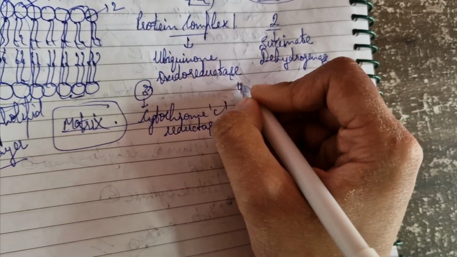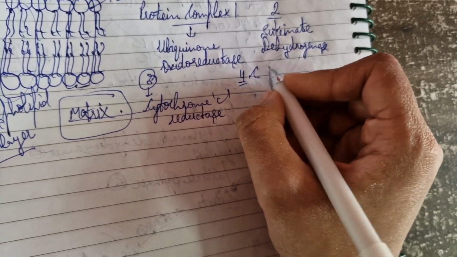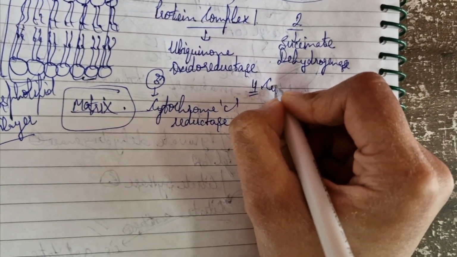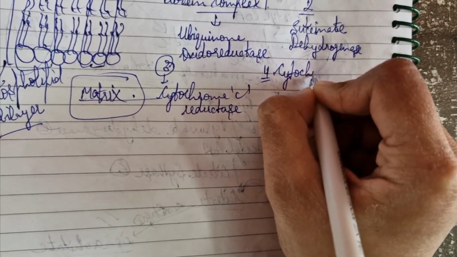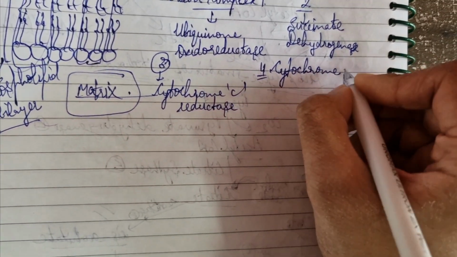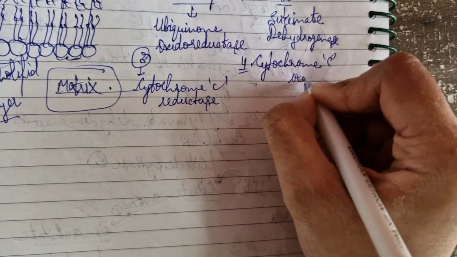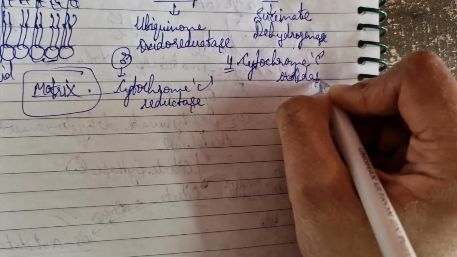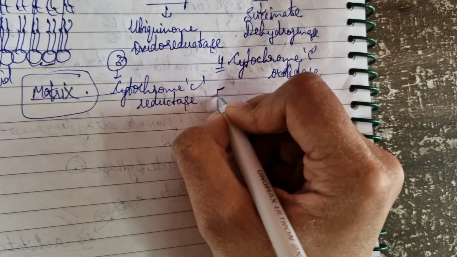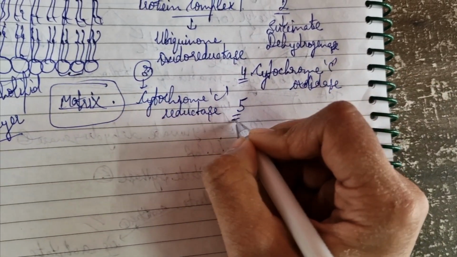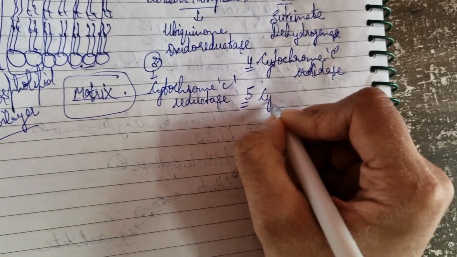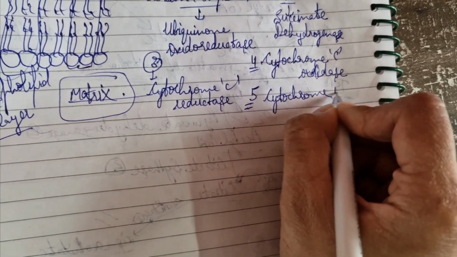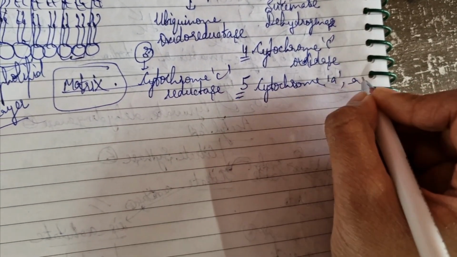Protein complex number 4 is cytochrome C oxidase. And protein complex number 5 is cytochrome A and A3.